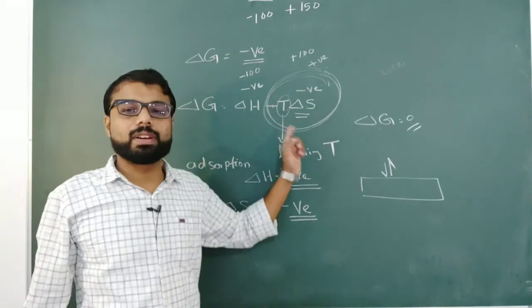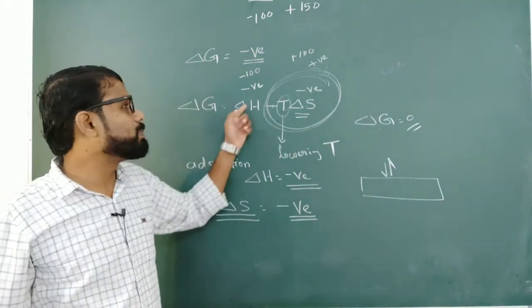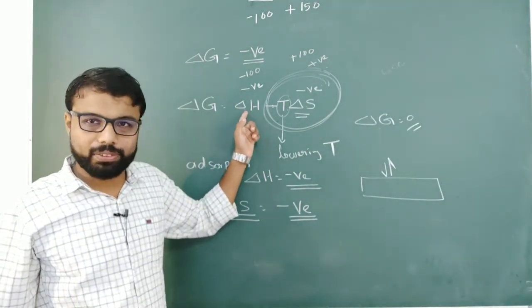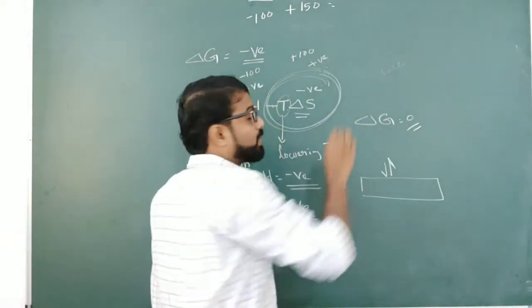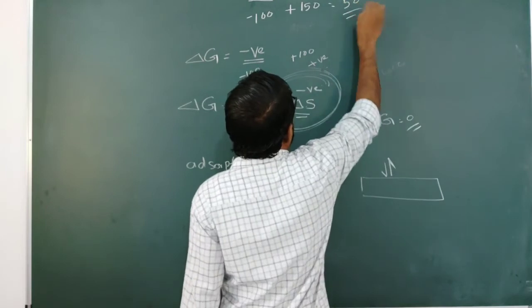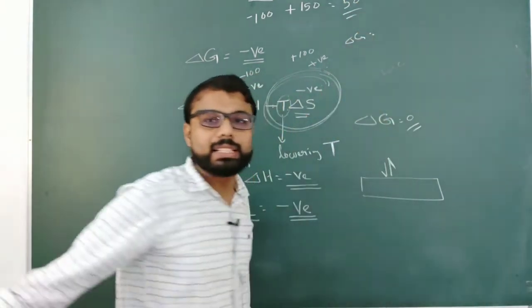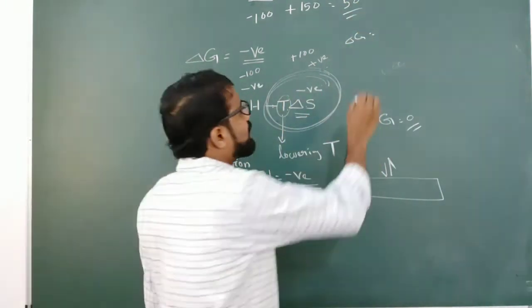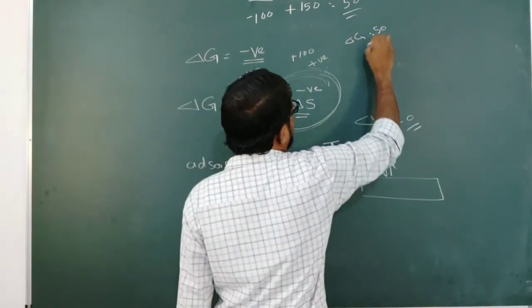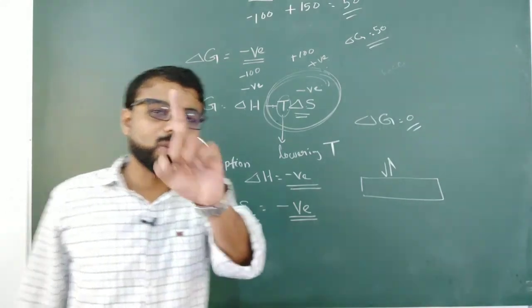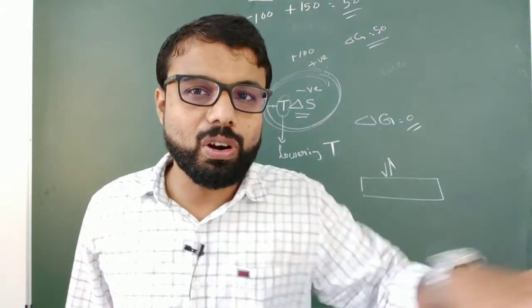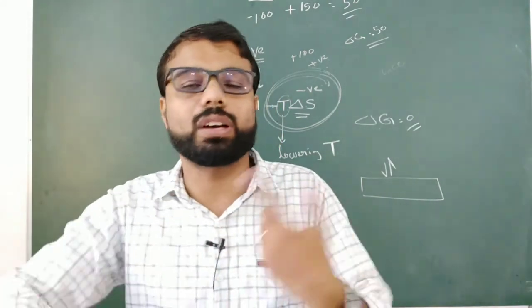So T delta S becomes a high positive, and the negative one becomes relatively less. Then the result will be minus 100 plus 150, which is 50. So delta G is 50, positive. The reaction is not spontaneous; naturally, it will not occur. The reverse of that will occur naturally.